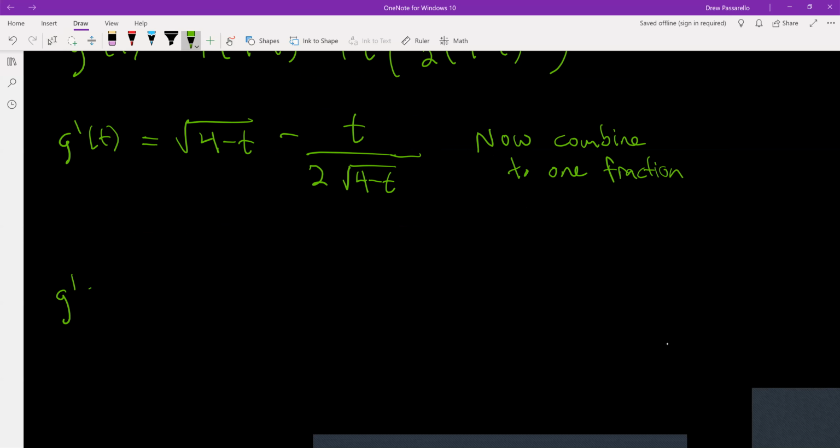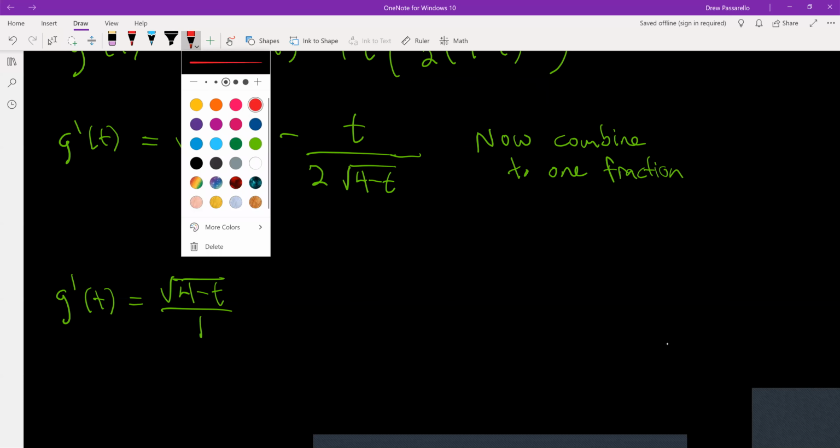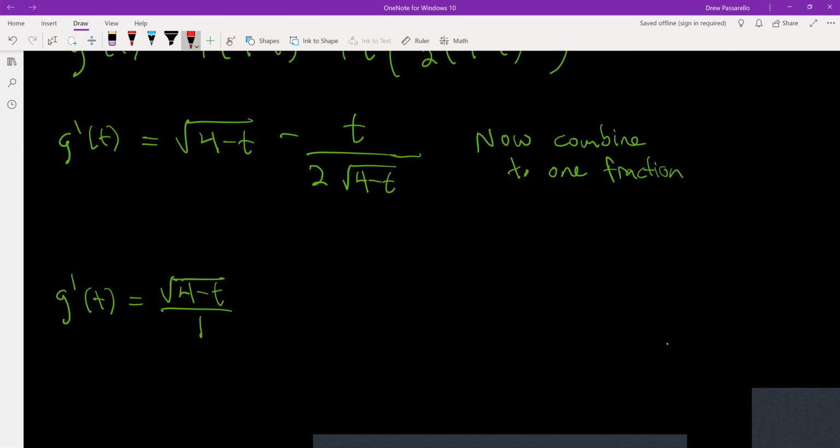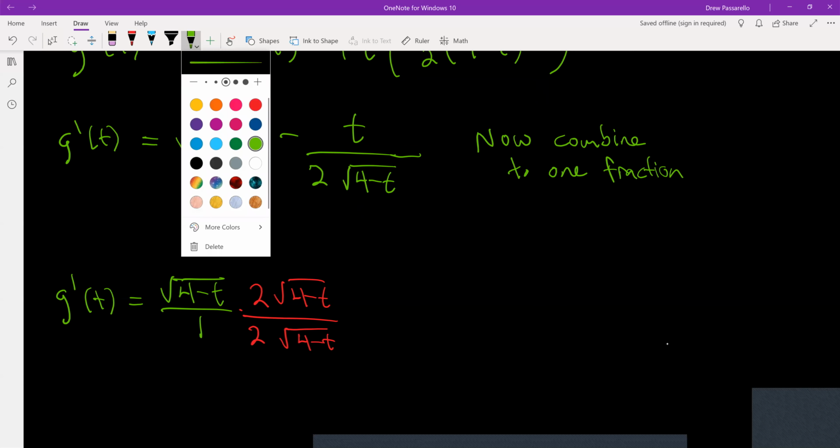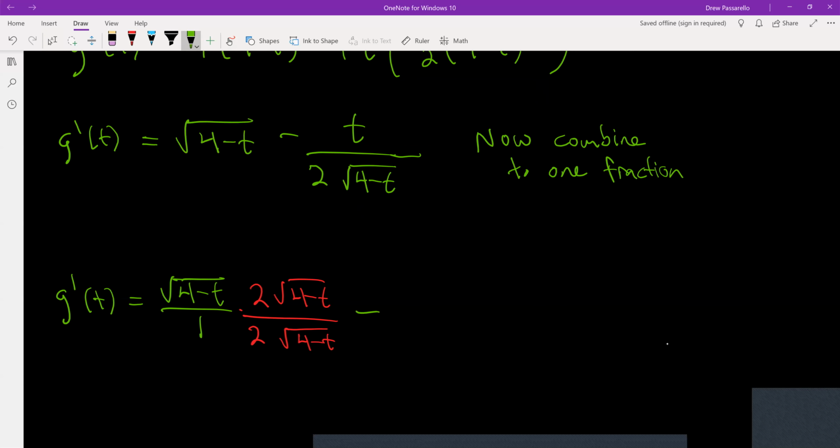So I'll rewrite it. So square root of 4 minus t is the same thing as that over 1. I want the same denominator of 2 times square root of 4 minus t. So I would multiply this top and bottom by 2 times square root of 4 minus t. Then minus, and I'm just writing the second term over again.